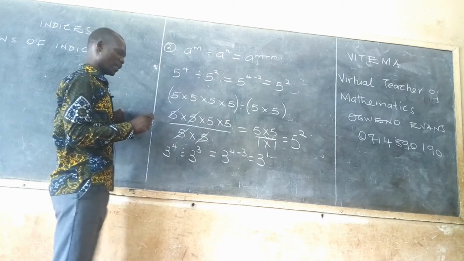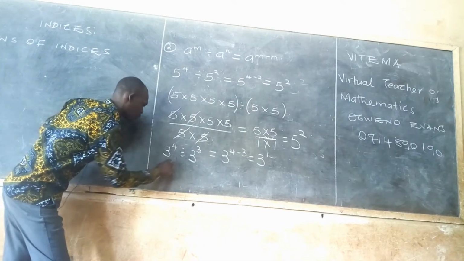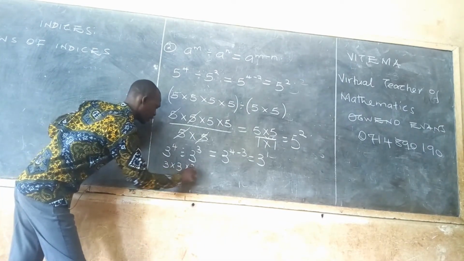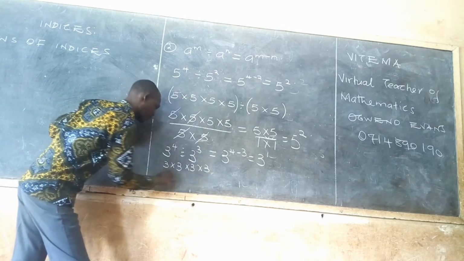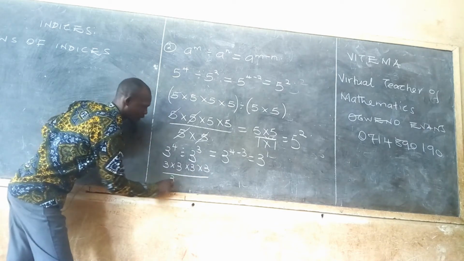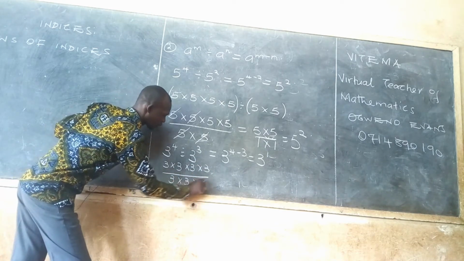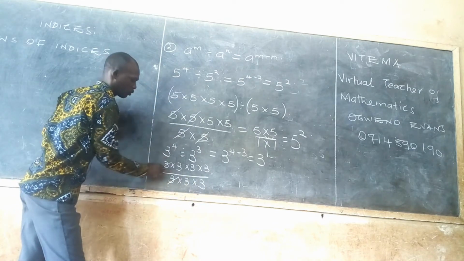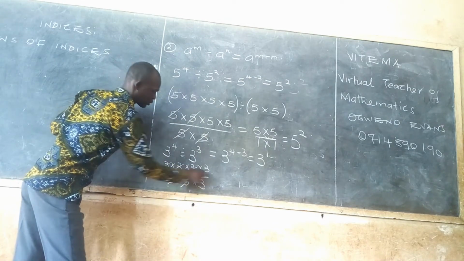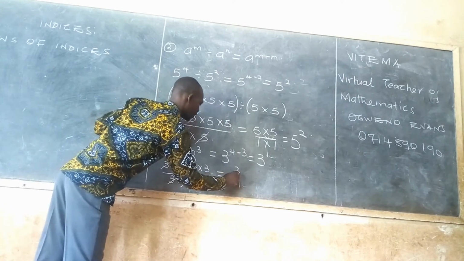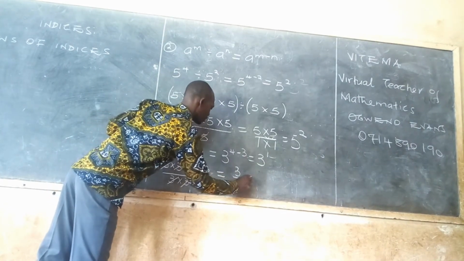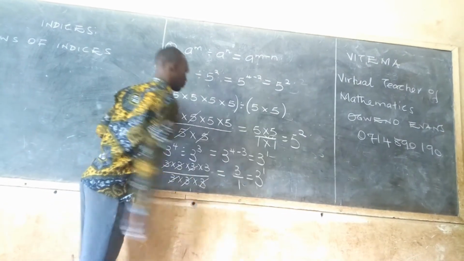In our numerator we will have 3, 1, 2, 3, 4. In our denominator we will have 3, 1, 2, 3. So we will cancel 1, 2, 3. We will remain with 3 over 1, which is 3 to the power 1.